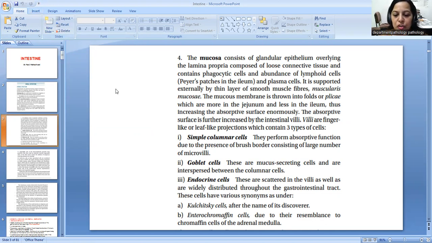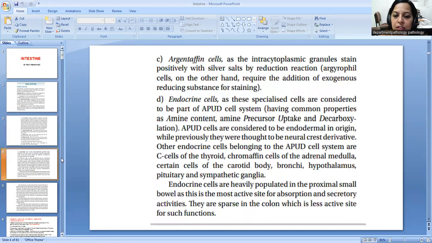They are also known as Kulchitsky cells or the enterochromaffin cells due to their resemblance to chromaffin cells of the adrenal medulla. Argentaffin cells: the cytoplasmic granules stain positively with silver salts by reduction reaction, therefore known as argentaffin cells.